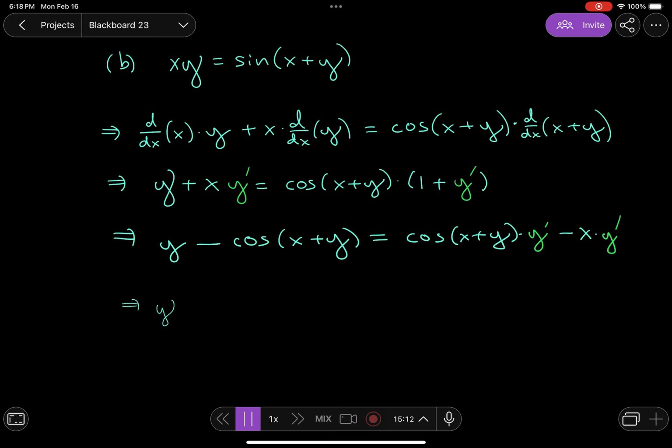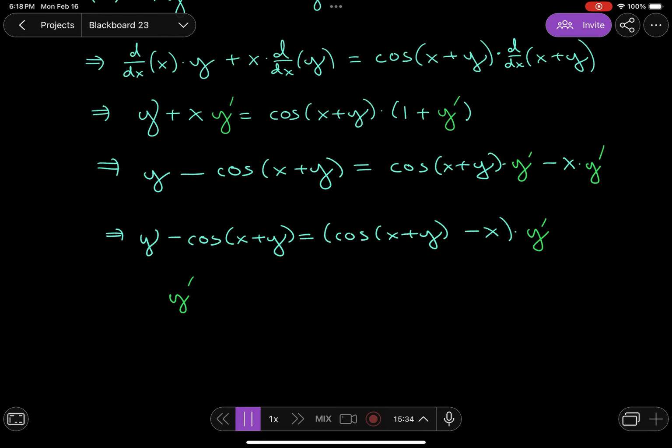Y minus the cosine of x plus y is equal to the cosine of x plus y minus x times y prime. And therefore, y prime can be written as y minus the cosine of x plus y divided by the cosine of x plus y minus x.